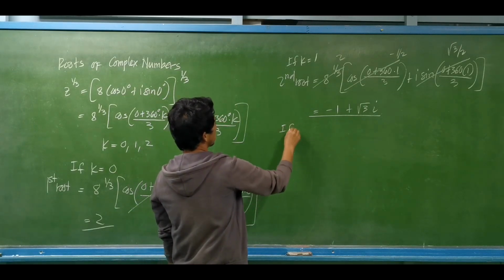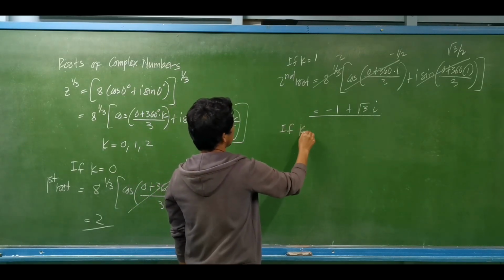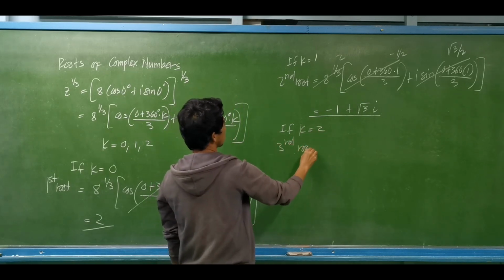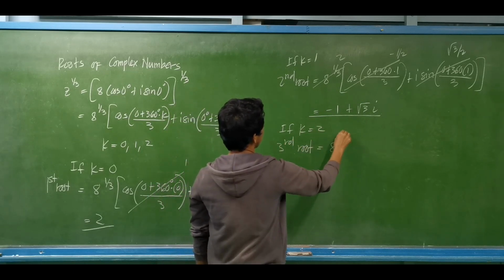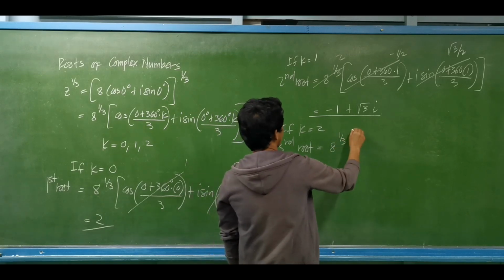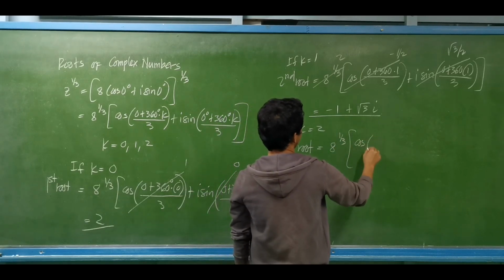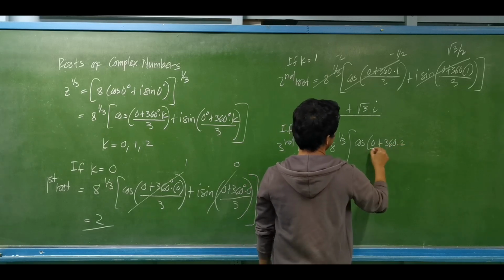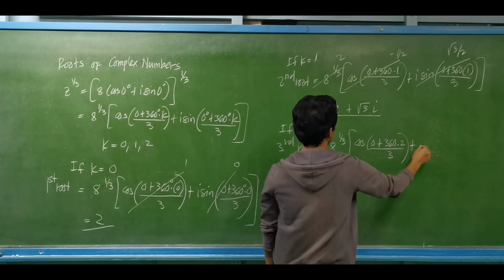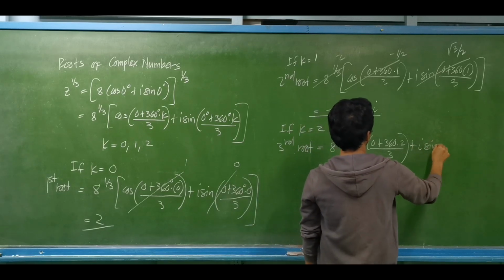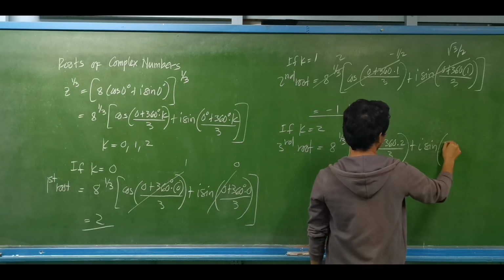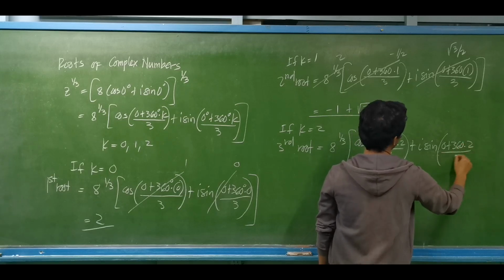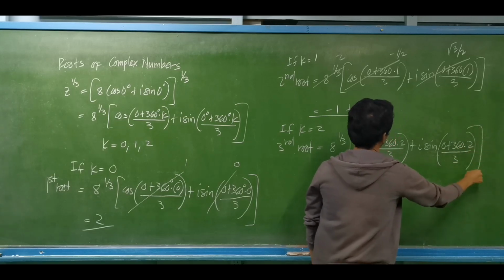Now for the third root, we have the value of k equal to 2. The third root is equal to 8 raised to 1 over 3 multiplied by cosine of (0 plus 360 degrees times 2) divided by 3, plus i sine of (0 plus 360 degrees times 2) divided by 3.